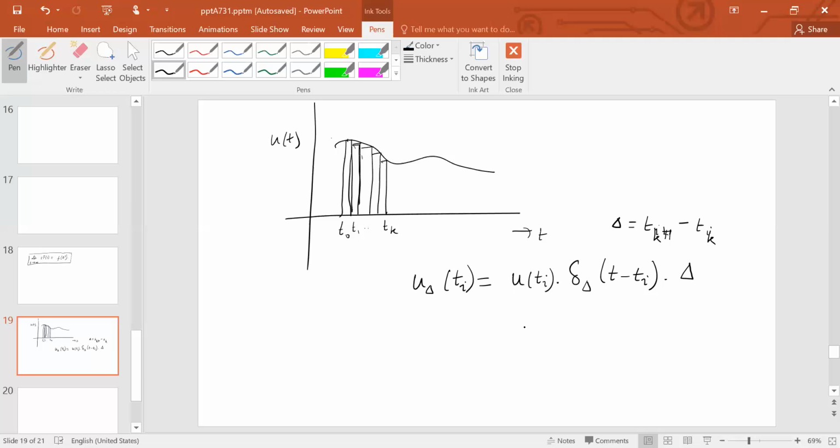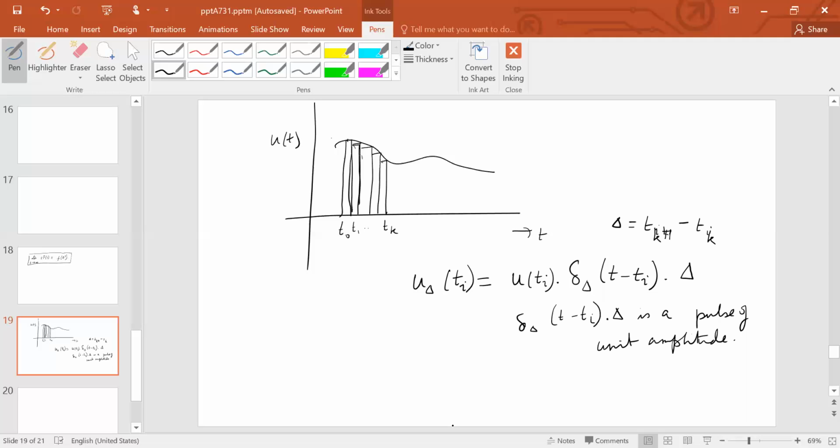So where delta of t minus ti times this delta is a pulse of unit amplitude.